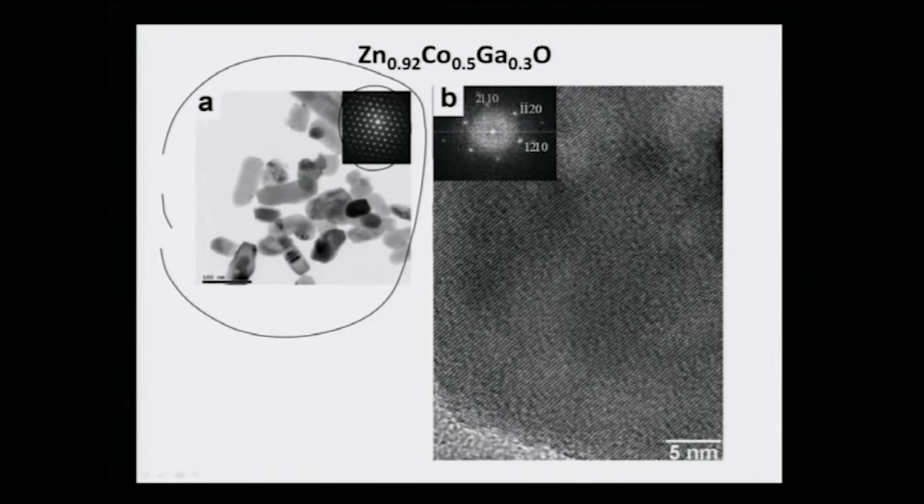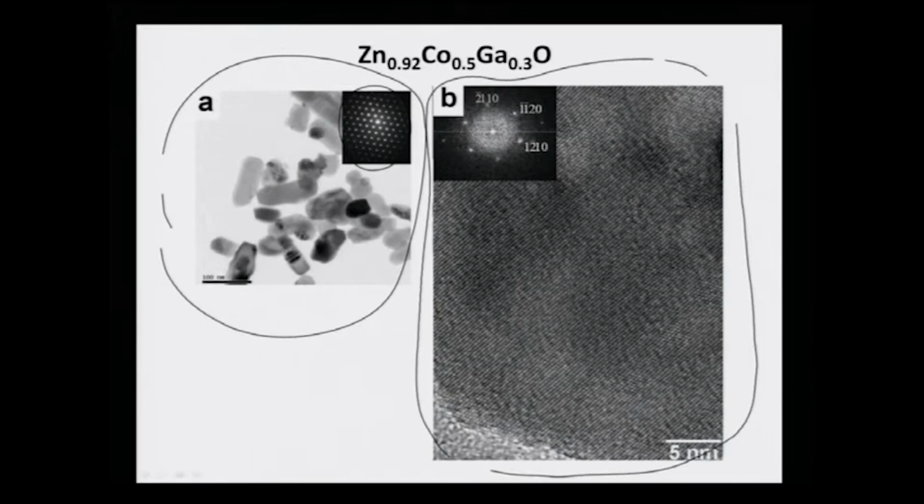The right hand side is taken from one such crystal showing the lattice fringes, that is, the columns of atoms are clearly shown. In fact, if we measure the distance between two atomic layers, it should come as the d spacing of the 0001 plane of cobalt and gallium doped zinc oxide.